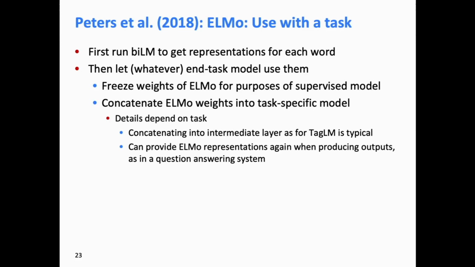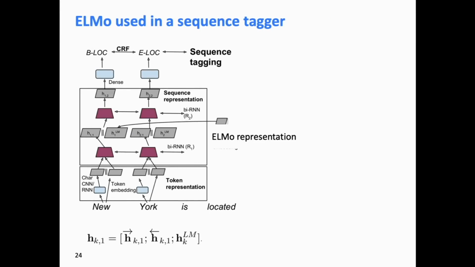That might be fine. But, you know, it might also be useful to make use of these ELMo representations when producing outputs. So if you're doing something like a generation system, you might just sort of feed in the ELMo representation again before you do the softmax to find the output. They sort of left it flexible as to how it was used.